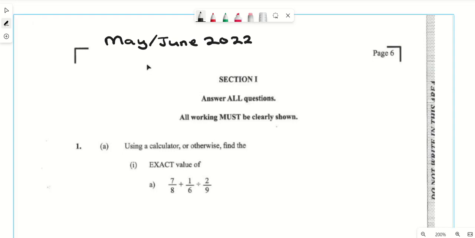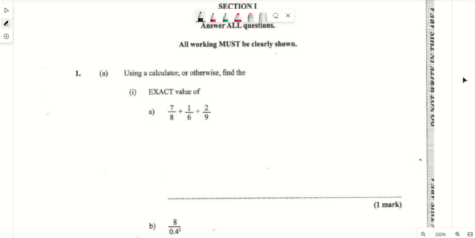So today we'll be doing May-June 2022, number 1. They said use a calculator, otherwise find the exact value of 7 over 8 plus 1 over 6 divided by 2 over 9. In your calculator, it's going to look something like this.